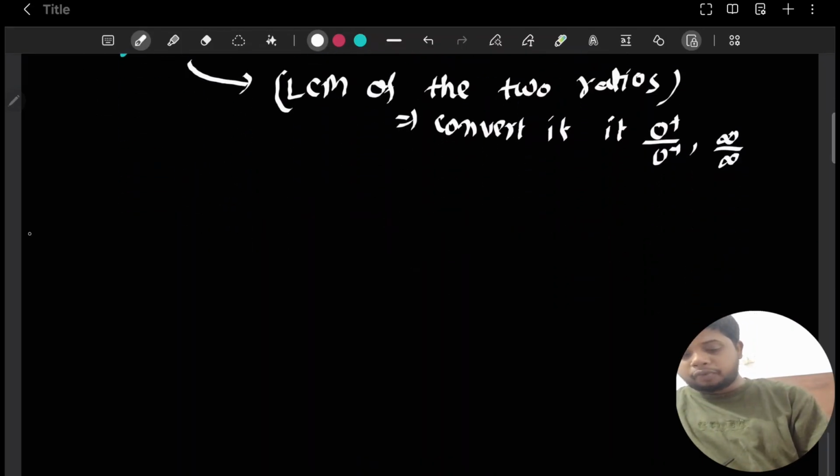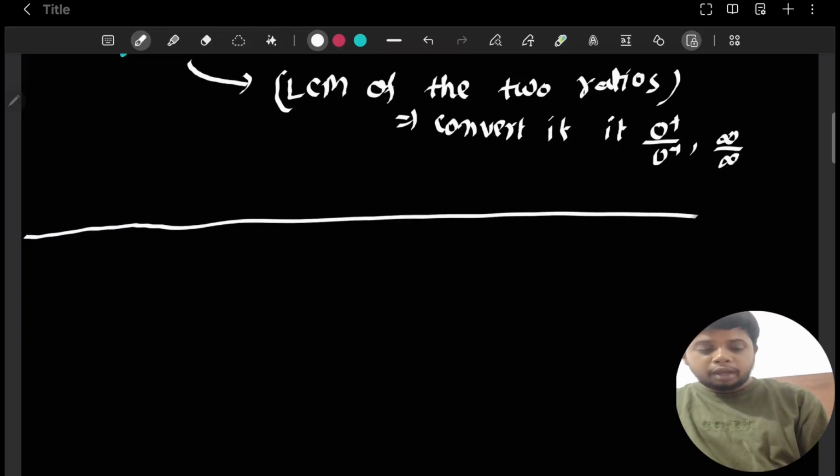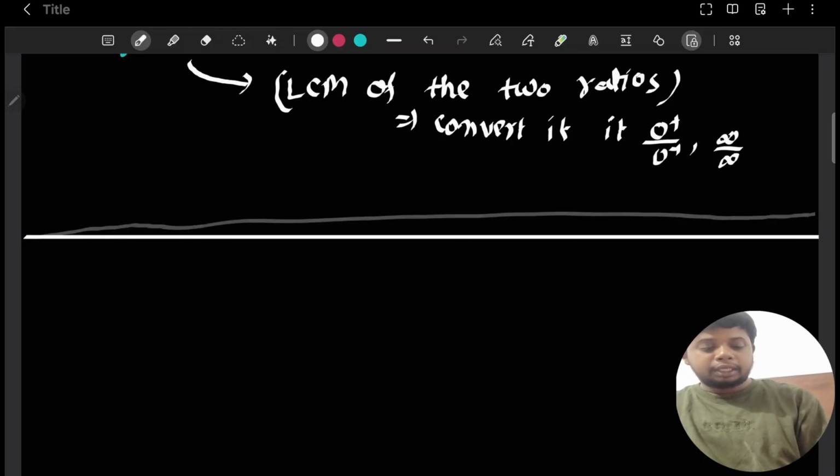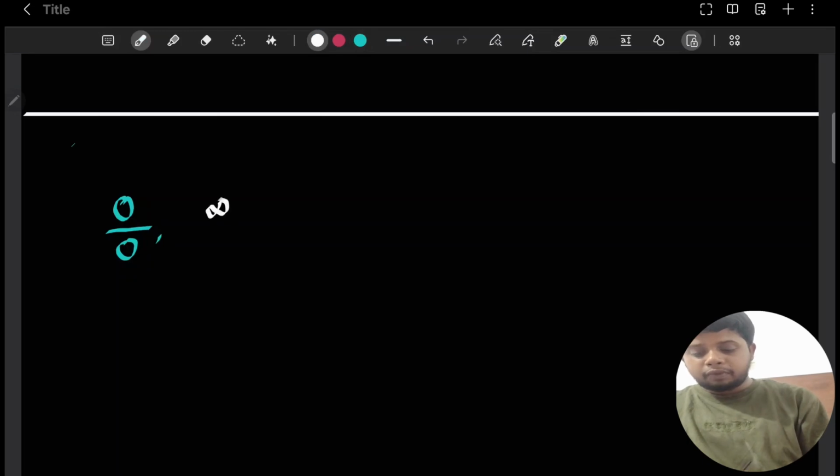If you understood from here, can you tell me what are the indeterminate forms we have learned till now? So you'll say sir 0 by 0 we learned, correct. You'll say sir infinity by infinity we learned, and we have learned 0 into infinity, and we have learned infinity minus infinity.